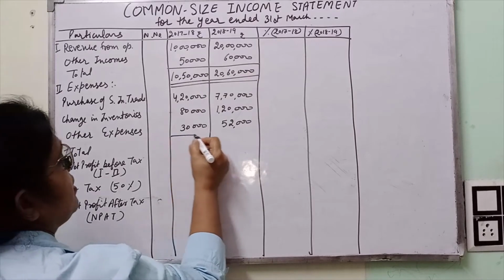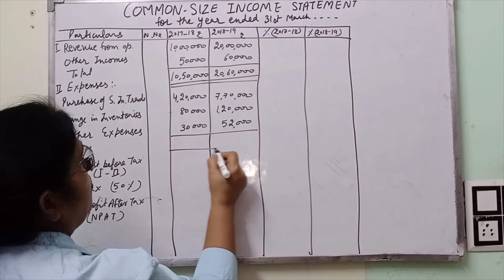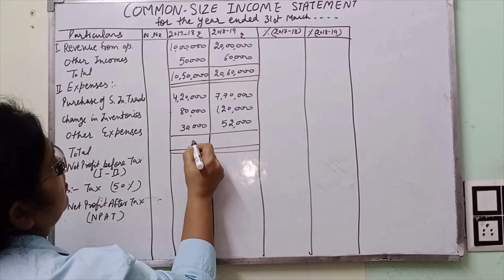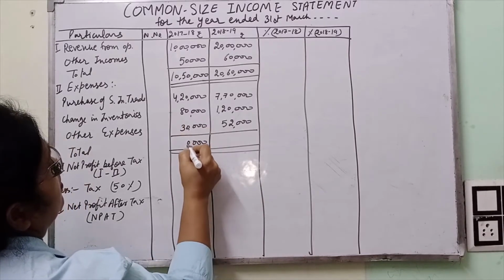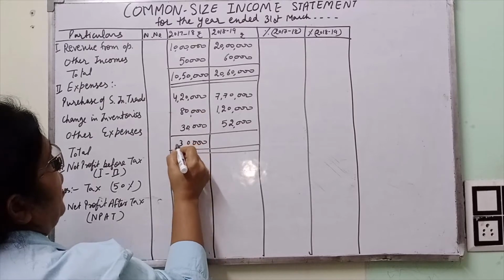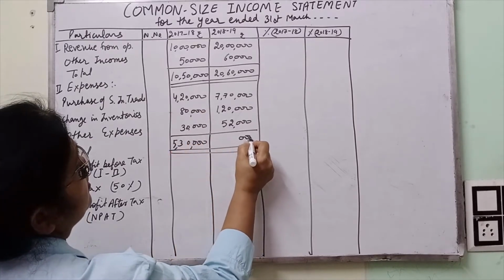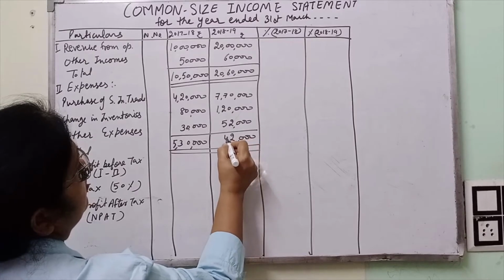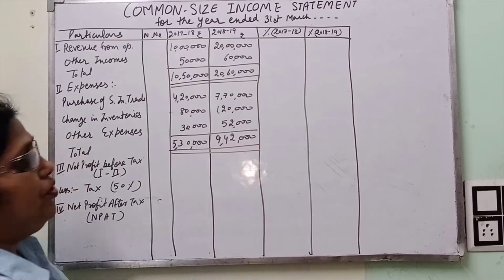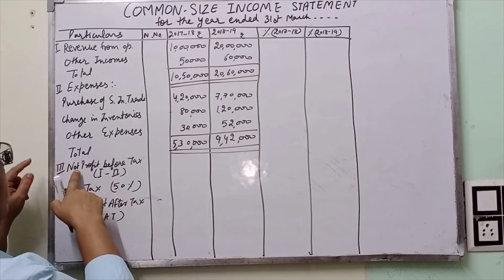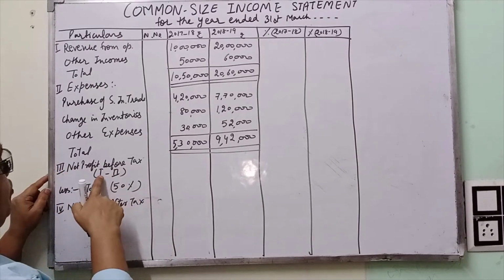In case of expenses, the total of the previous year's amount is rupees 5,30,000 and for the current year it is 9,42,000.